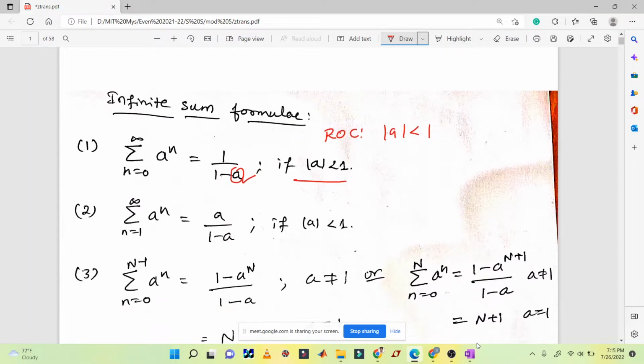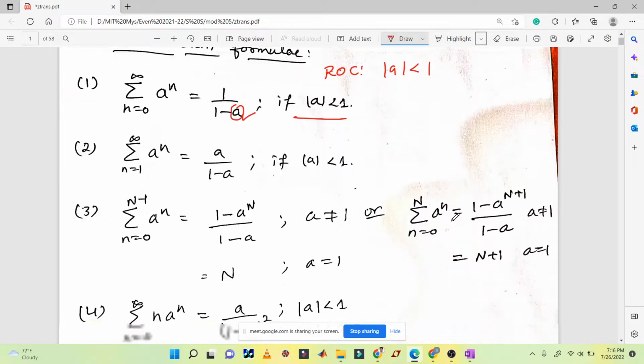How to choose the ROC? Any doubt regarding that?